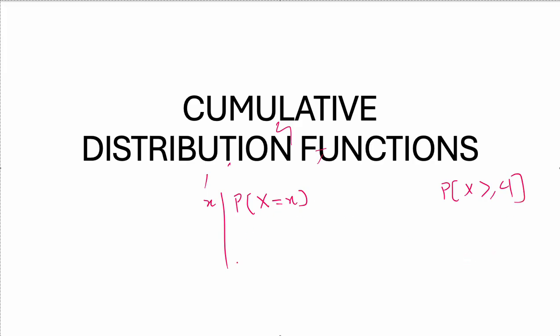Well, if you had to use the PDF, and you can, PDFs are all you need. But imagine that we had a PDF where it starts at 0, and it goes to 1 trillion, right? So it could be the number of ants born. And I'm going to ask you, what's the probability that you have more than 4 ants born?